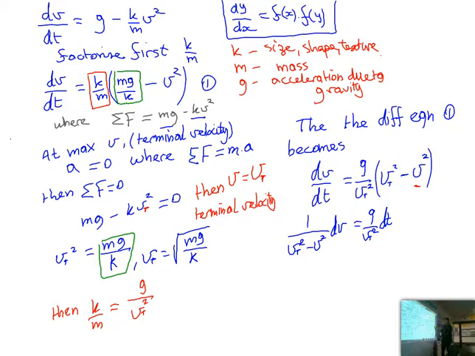The only variables we have in this equation now are velocity and time: small v, small t. They're your variables. Okay? All the rest are constants. All right, so now we're going to integrate.